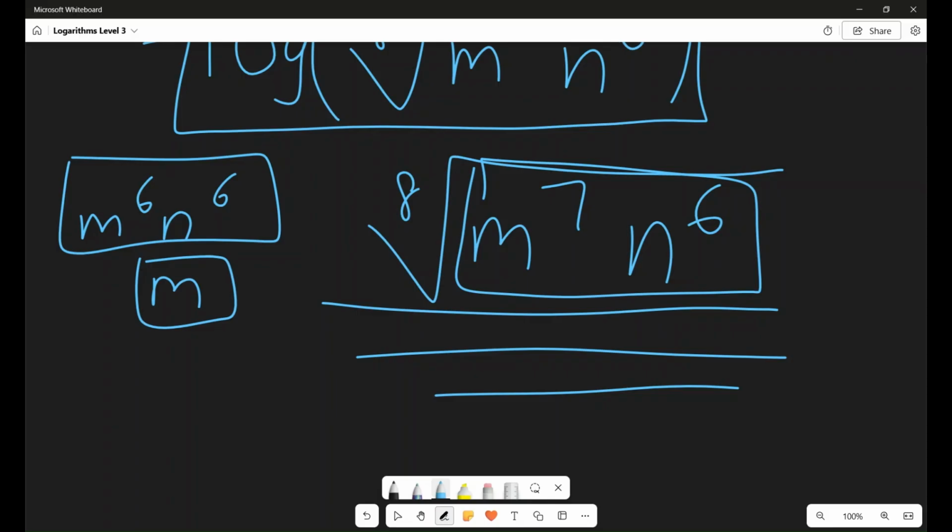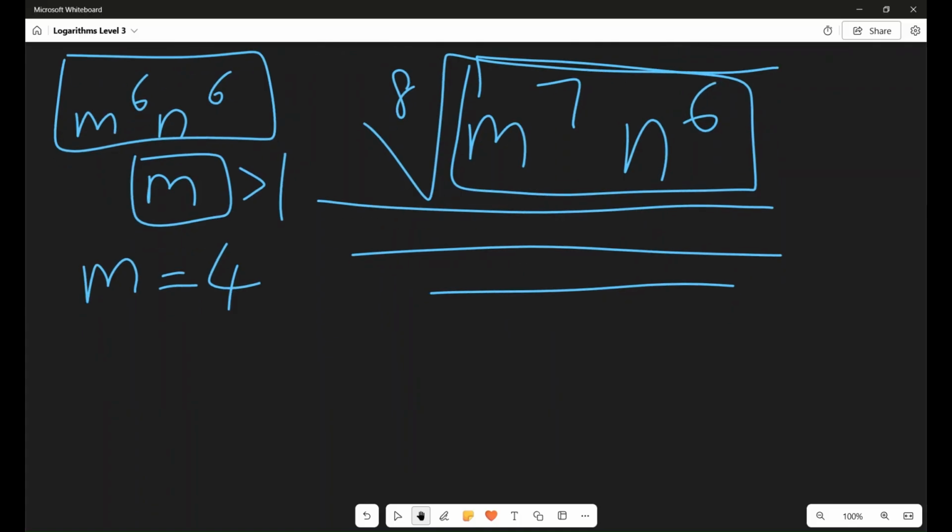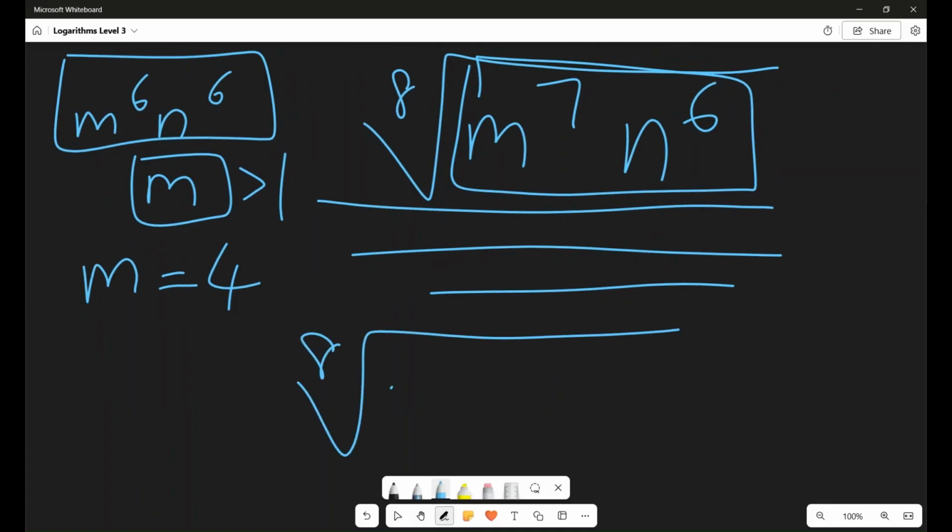So now we can start testing values of m that are perfect squares. And obviously we know that m is more than 1 because of the problem statement. So we can set m equal to 4 and work from there. So if we have m equal to 4, we're looking for the 8th root of 4 to the 7 times n to the 6.